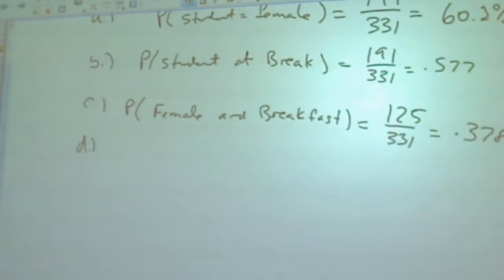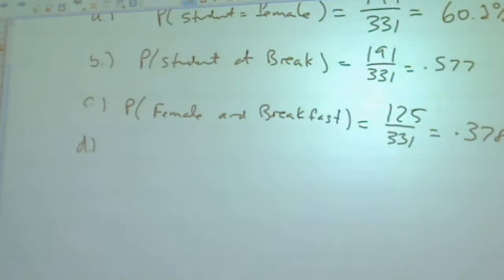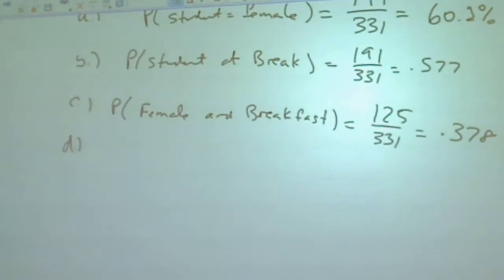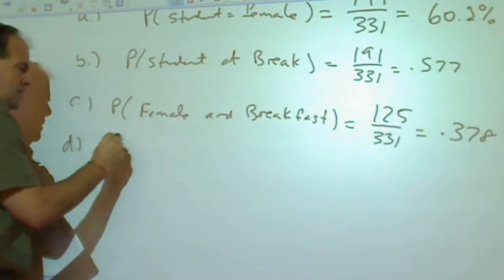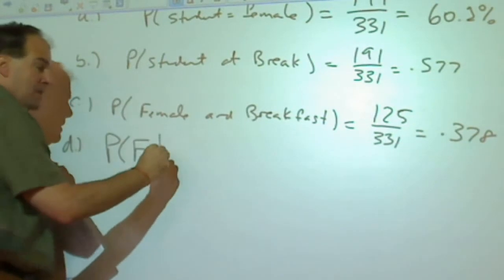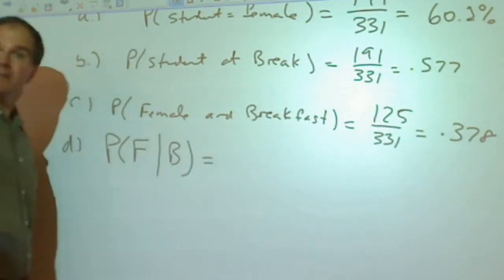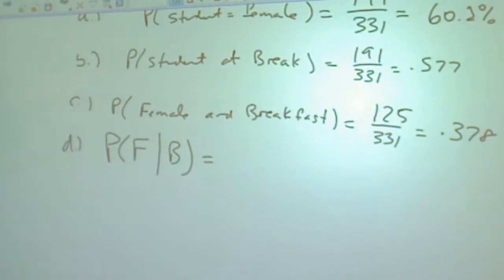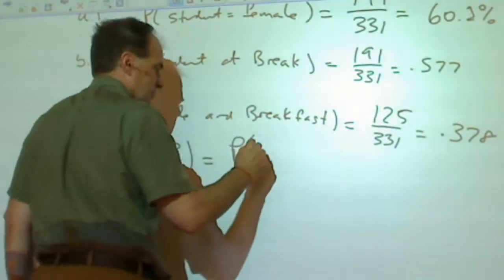Okay, here's wording I prefer. If you remember my comment on problem 2, this is clear wording. What's the probability that a randomly selected student is female given the student ate breakfast? Is everybody good? It would be female given they ate breakfast. Okay, I need to write this out.